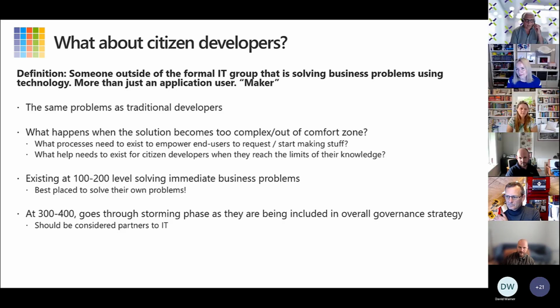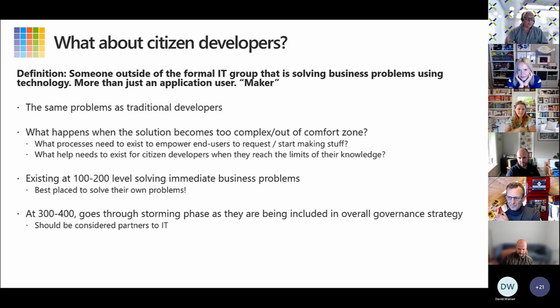It's interesting because I think citizen developers on some level are almost held to higher standards than the developers in IT. You ask a developer in IT, well, where's the documentation for that system you wrote? Maybe there is some, maybe there isn't. So it's not like everyone in IT does everything perfectly either.